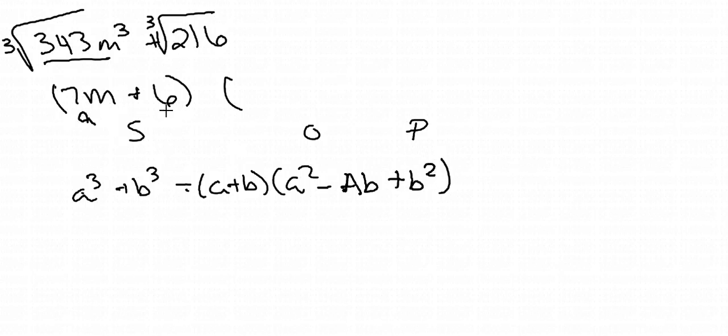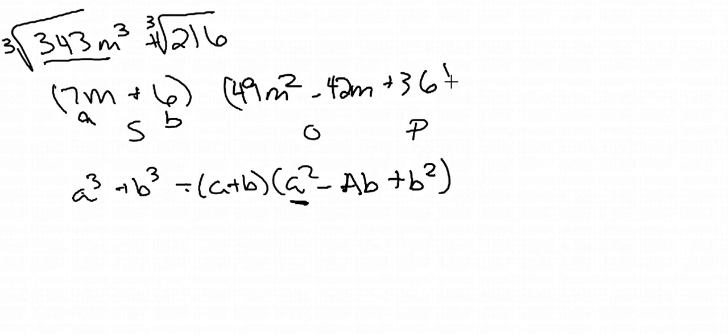So if this is your a and that's your b, finish it out for me. 7m plus b, which is 6. Then a squared: you've got to square the 7 too, so 49m squared. Then you multiply the two of them together, minus 42m, plus 36. That's completely factored.